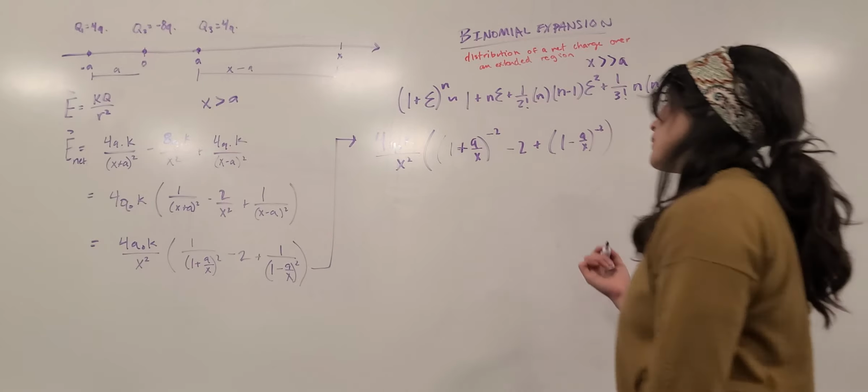You can see this follows a pattern. I'm going to stop there. So simplifying this down, we get approximately 1 minus 2a over x. 2 factorial is just 2.